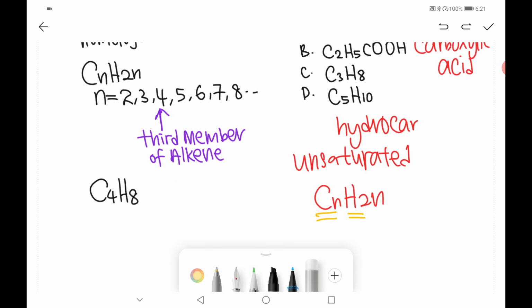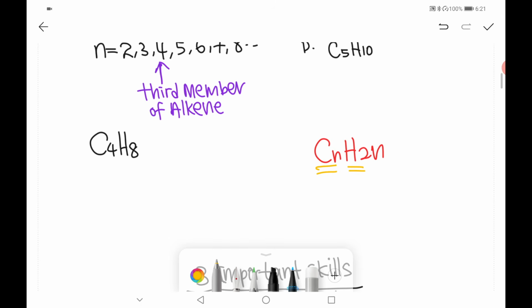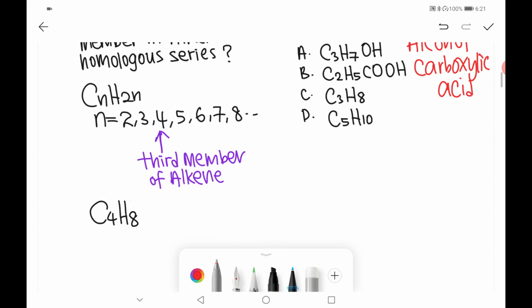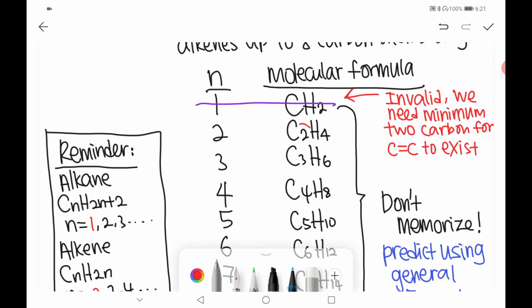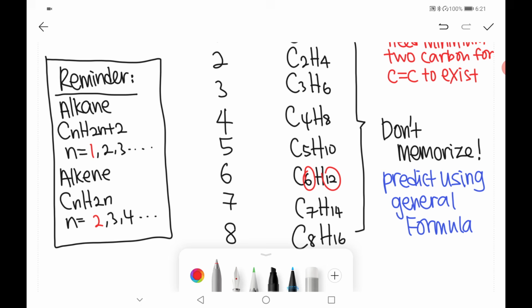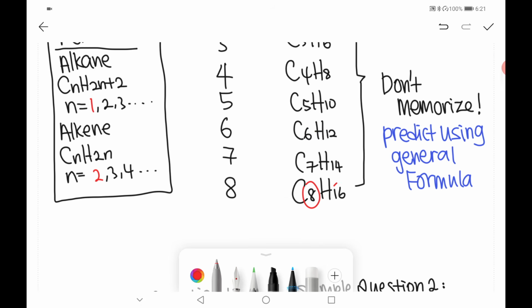So how to know which one is alkene? A simple tip is this. For alkene, CnH2n, you see n and 2n, which means the number of hydrogen is always double the carbon. You can check back here: 2 and 4 double, 3 and 6 double, 4 and 8 double, 6 and 12 double, 8 and 16 double.